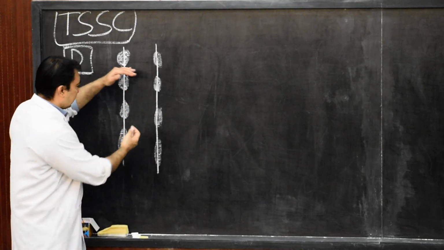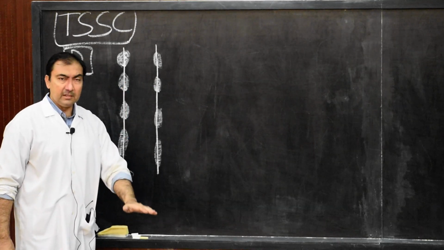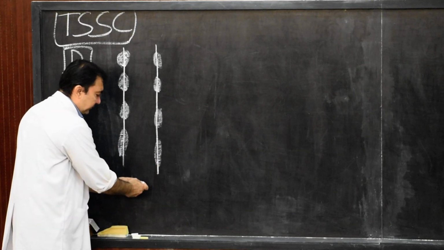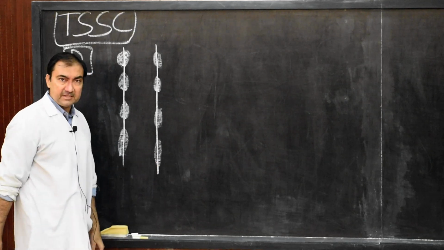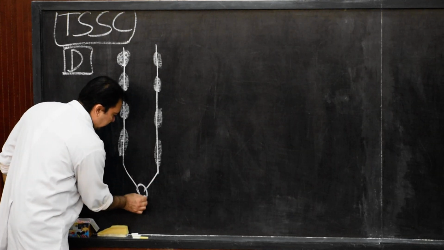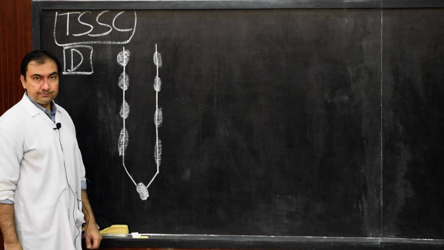It has ganglia in the cervical, thoracic, lumbar and sacral regions. And finally, in the coccygeal region, both the chains join with each other and form the ganglion impar.